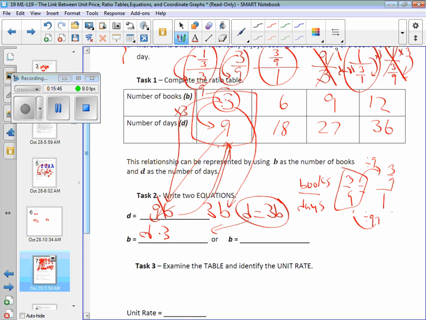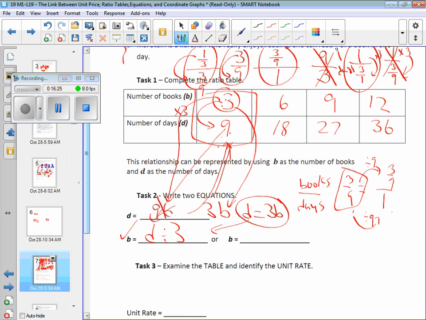D divided by 9. Let's see if it works. Want to pick the same values or you want to pick another value for D? 9 divided by 9 is not 3. Oh. But we're getting closer. What divided by 9 is 3? Divided by 3. Let's see if it works. 9 divided by 3. Equation's good.